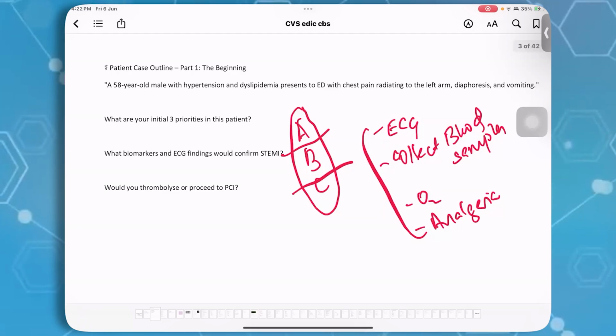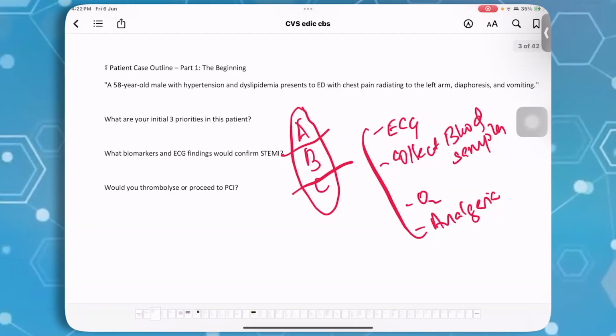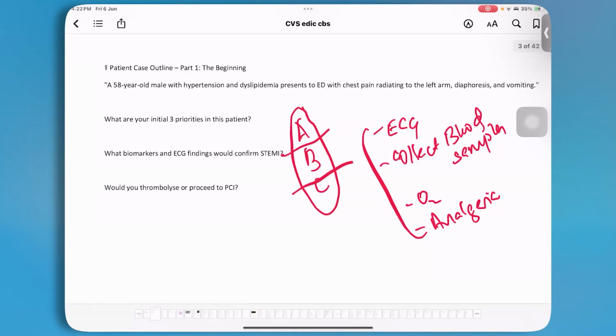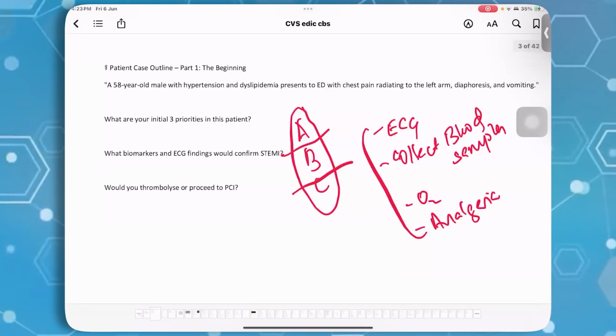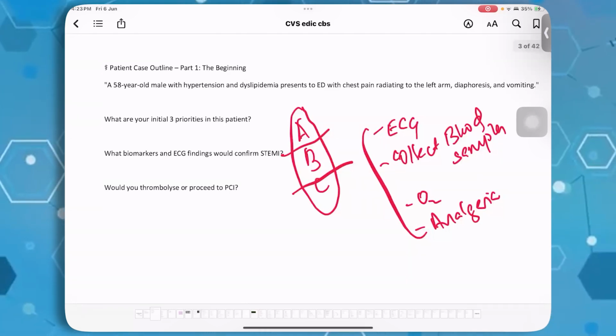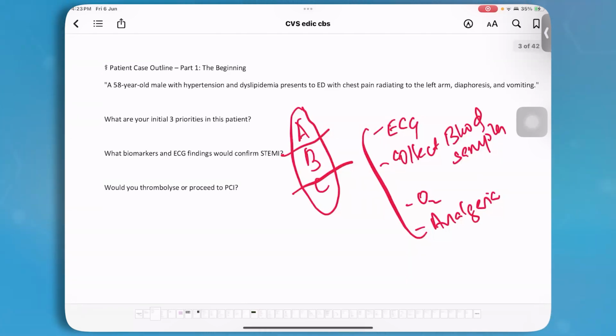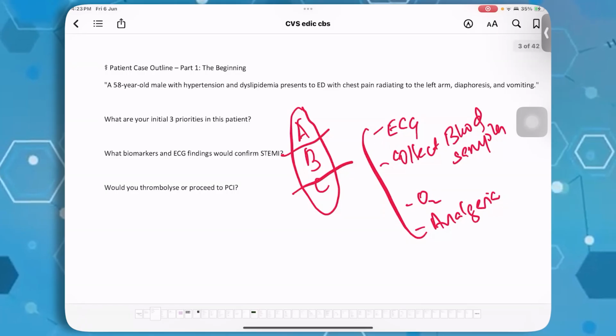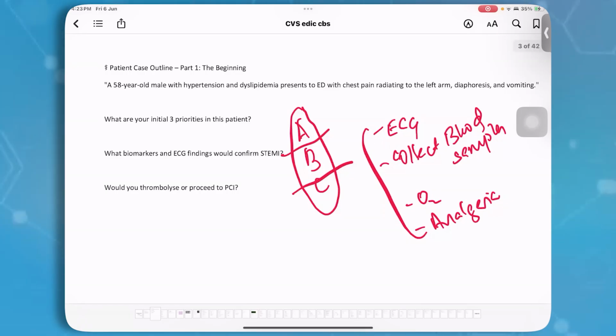Can you tell me the difference between unstable angina and STEMI, non-STEMI, or myocardial infarction and unstable angina? Anyone? What is the difference between unstable angina and myocardial infarction? Very important question. Try.